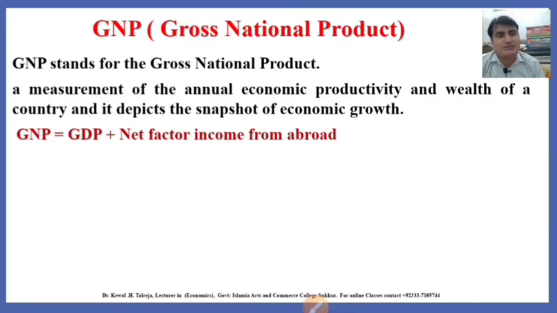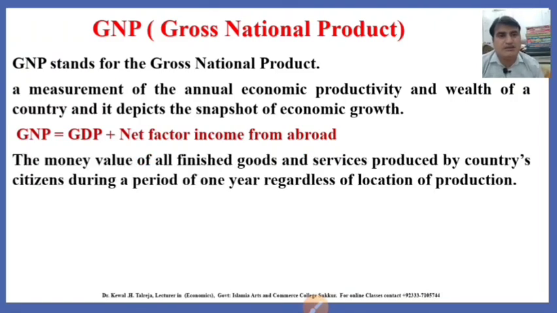GDP, as we know, is the money value of all finished goods and services produced in a country during a period of 1 year, plus net factor income from abroad. It means the income earned by Pakistani people residing abroad and producing there, who have the nationality of Pakistan, minus the income earned by the foreigner in Pakistan.